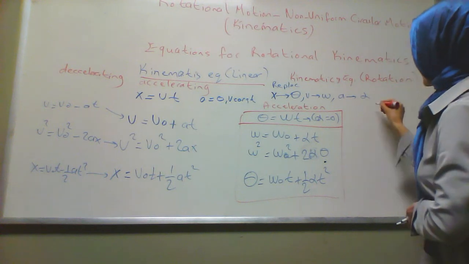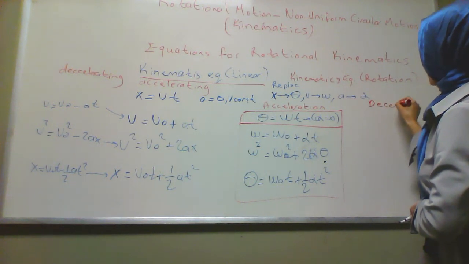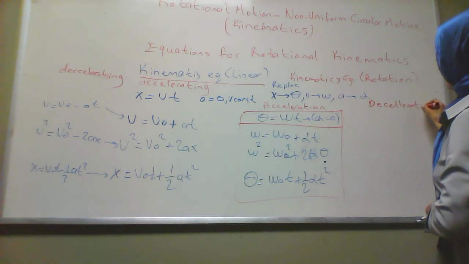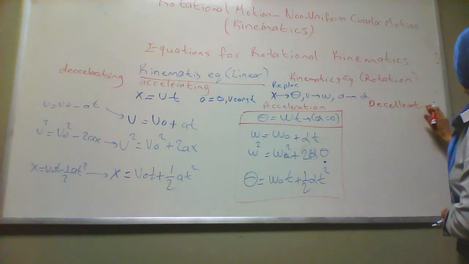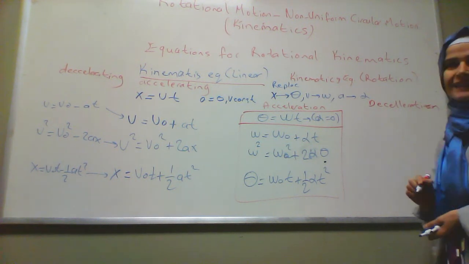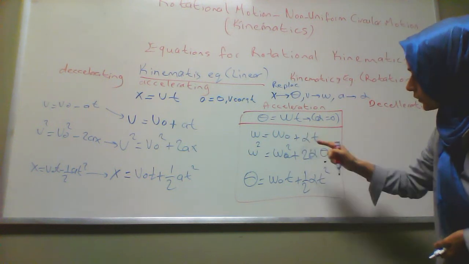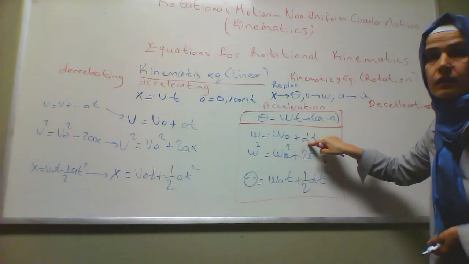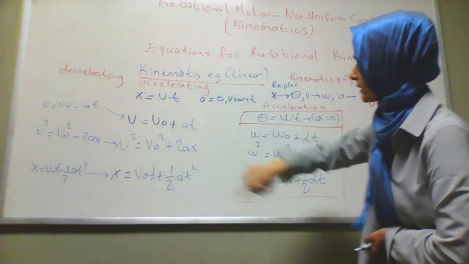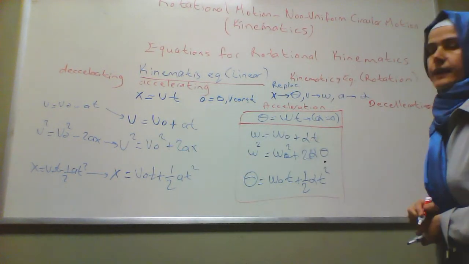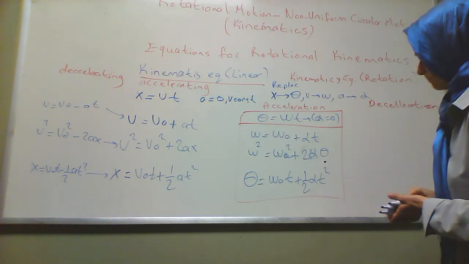Okay, for deceleration, you know what to do. We are now pretty experienced on that, right? We're experts. In front of any term involving alpha, which corresponds to A in here, instead of plus, we'll put minus, and the equations will be the same. So let's do that.